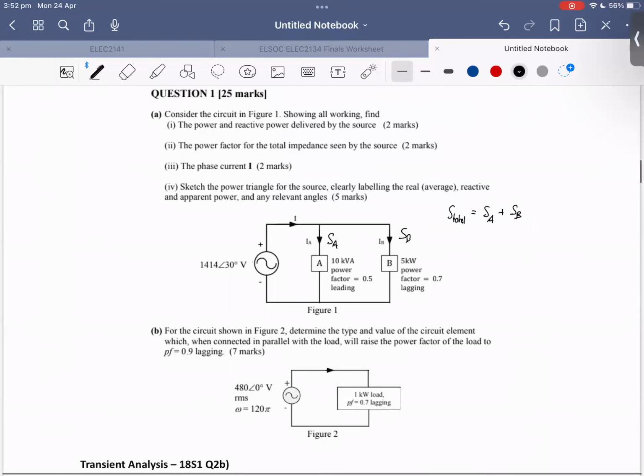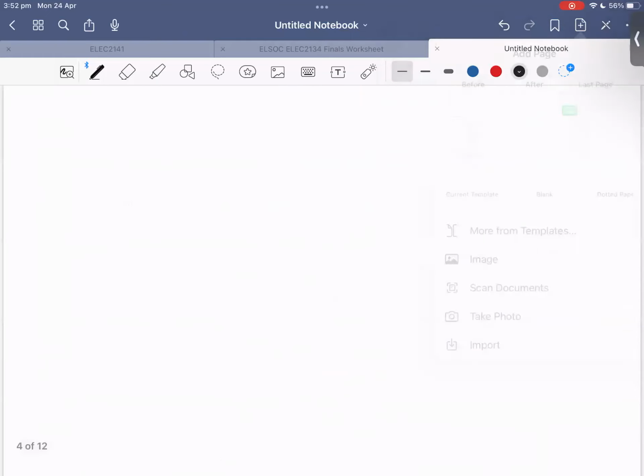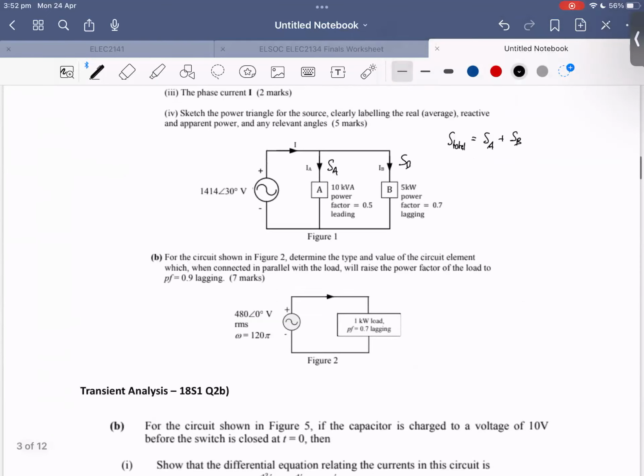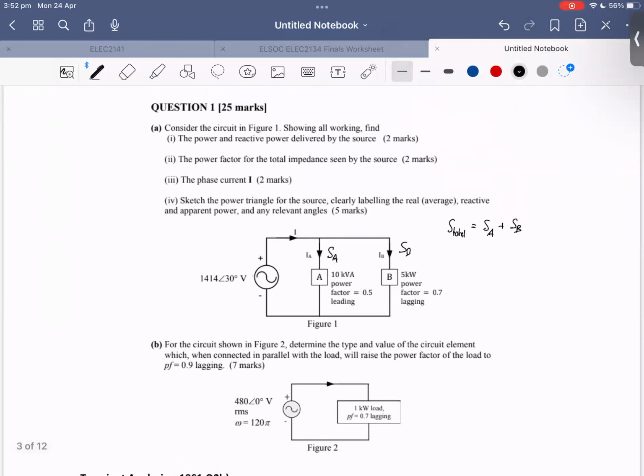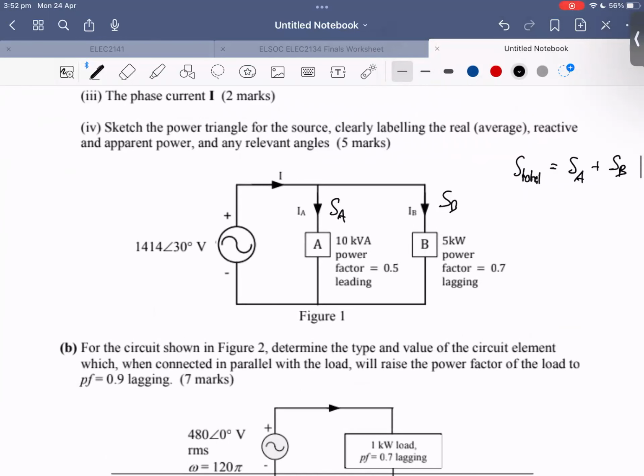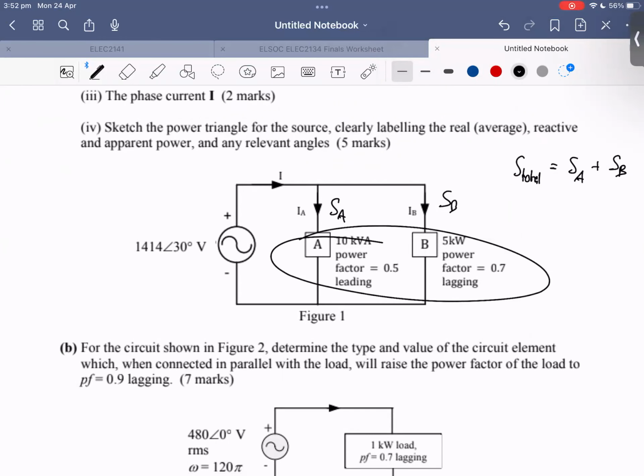So I'll add a new page. Cool. I think what I'll do first is sketch the two power triangles because it's giving us some information about the power triangles.